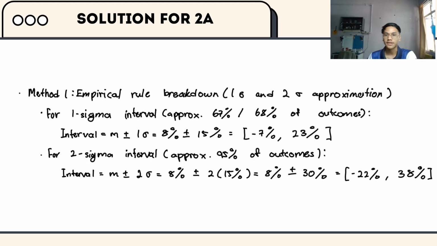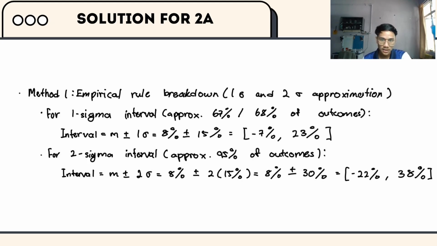For the one sigma interval, we're going to calculate it using mu plus or minus one standard deviation, and we just insert all the parameters given. We will get negative 7%, I'm sorry, and 23%.